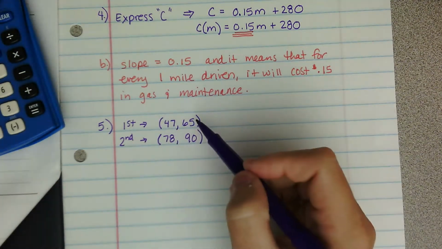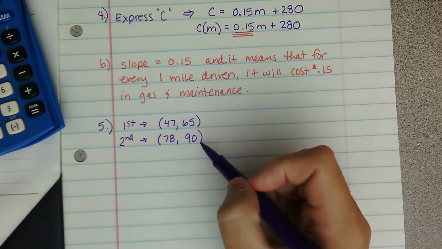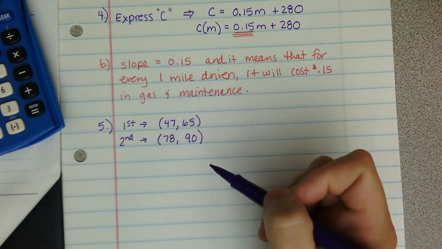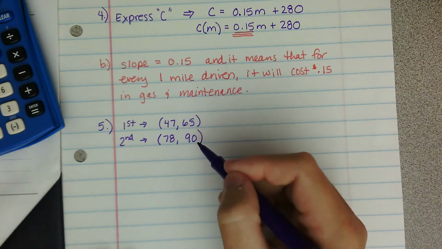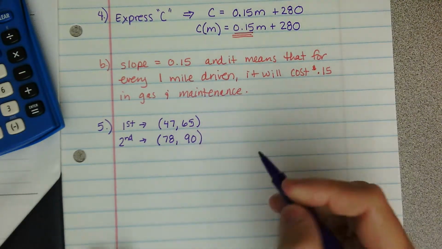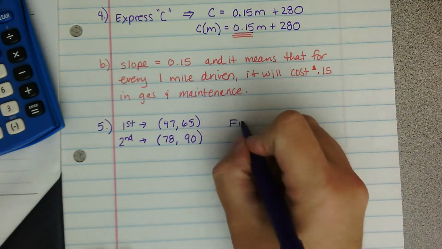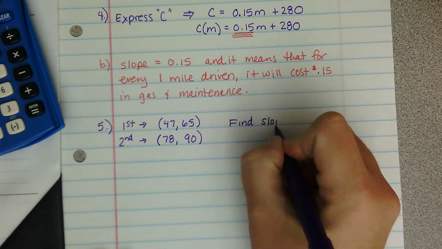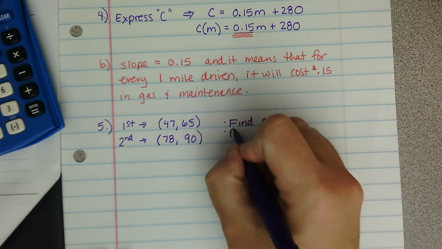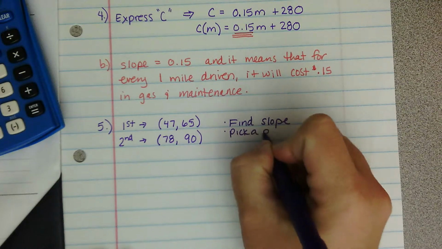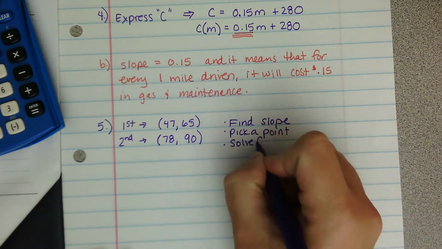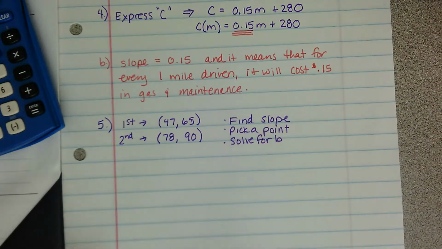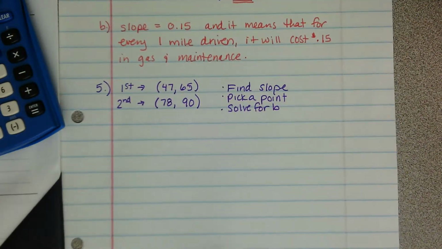Well, to me, this looks like writing an equation of a line given 2 points. So the first thing that we're going to need to do to find a linear function is find the slope, pick a point, solve for b to get what they're looking for.